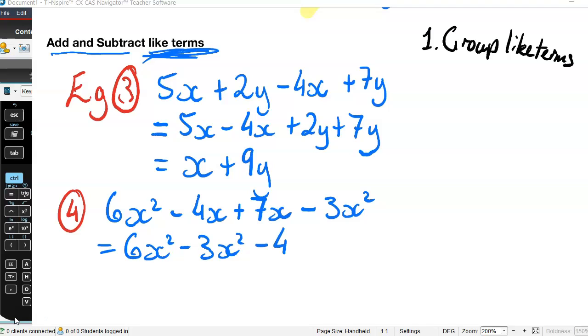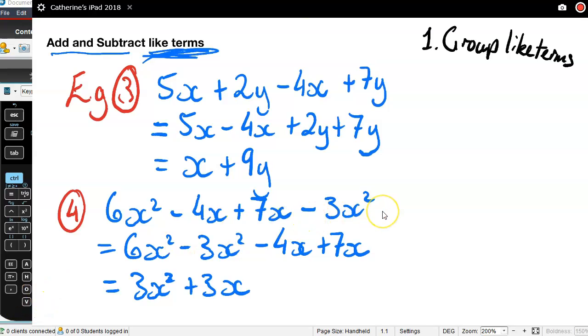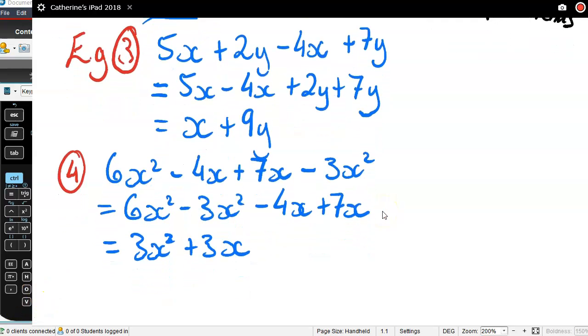And then I've got minus 4x plus 7x. Okay, 6x squared minus 3x squared, I get left with 3 lots of x squared, and negative 4x plus 7x, that's plus 3x. Now, I'm sure some of you who can do that factorising can see how to simplify it a bit more, but I might leave it there.